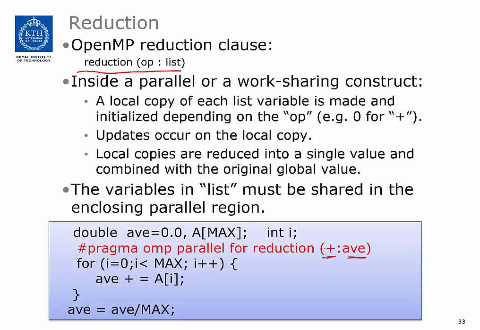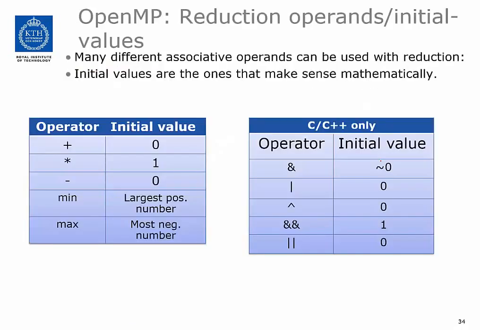What happens now is that the compiler will create a local variable for each thread, and it will use that variable to accumulate each thread's result, and then at the end of the for loop it will combine all these values into the single scalar variable. And this variable AVE must be a shared variable, but locally inside the loop it will be a private variable.